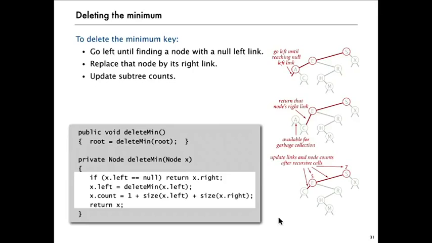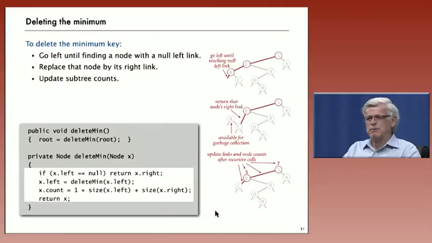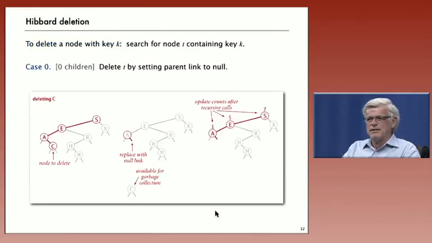Maybe a node got deleted down there, but always the invariant is that the count of the node is 1 plus the size of the left and right, and then return x and fix the links and the counts on the way up. That's a fine implementation for delete min, and it also works for delete max. And that's the basis for a general method for deleting nodes from BSTs known as hybrid deletion.